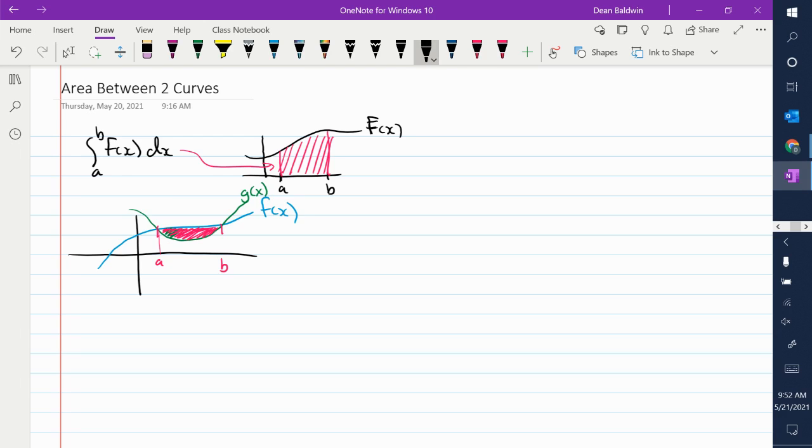Okay, so integral from a to b of f of x minus the integral from a to b, and I should have put the dx in there. It's essentially the top curve minus the bottom. That's all you're doing.